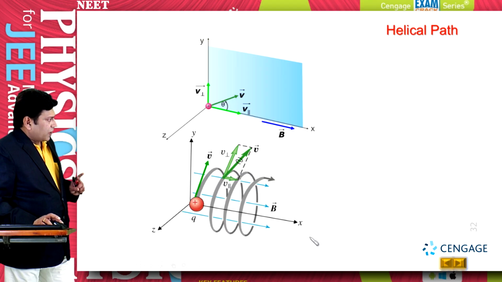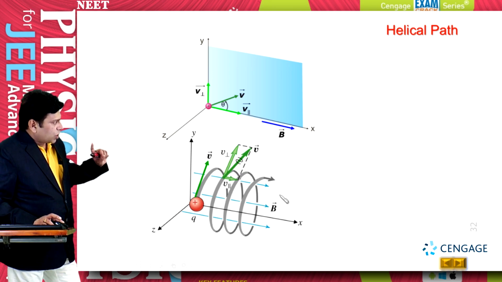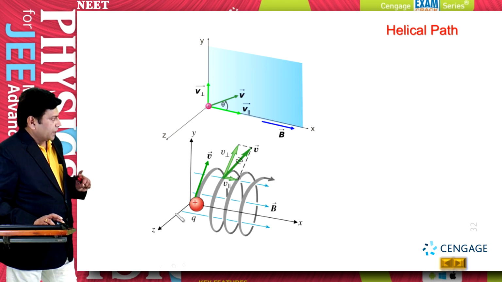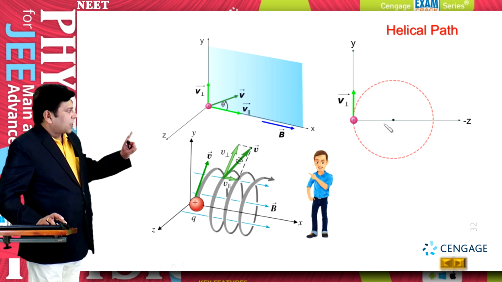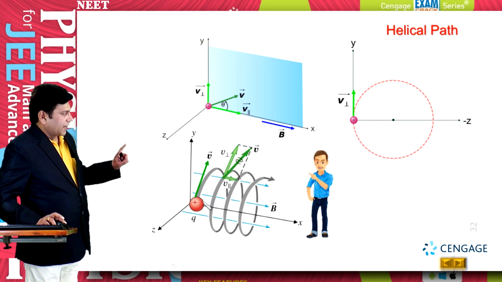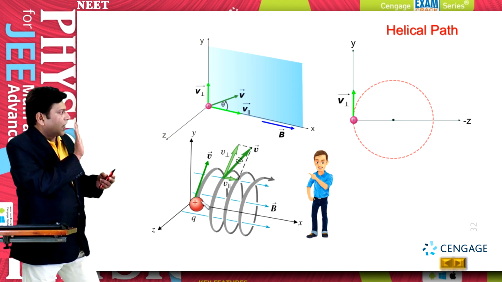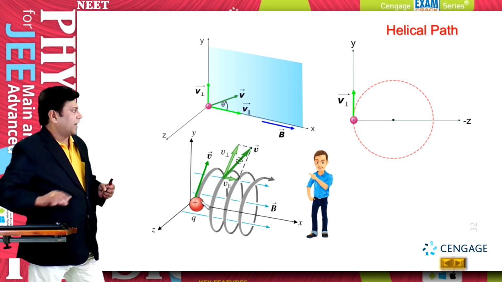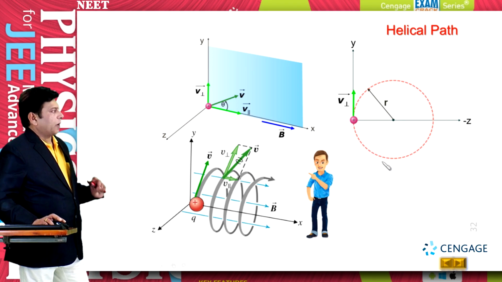If an observer is observing the motion of this helical path, you can observe the projection of this helical path on the yz plane will be a circle. The center of the circle will lie on the minus z axis. Why? Because by the right palm rule, you have observed the direction of the force is along the minus z direction. So this is the radius of the circular path.